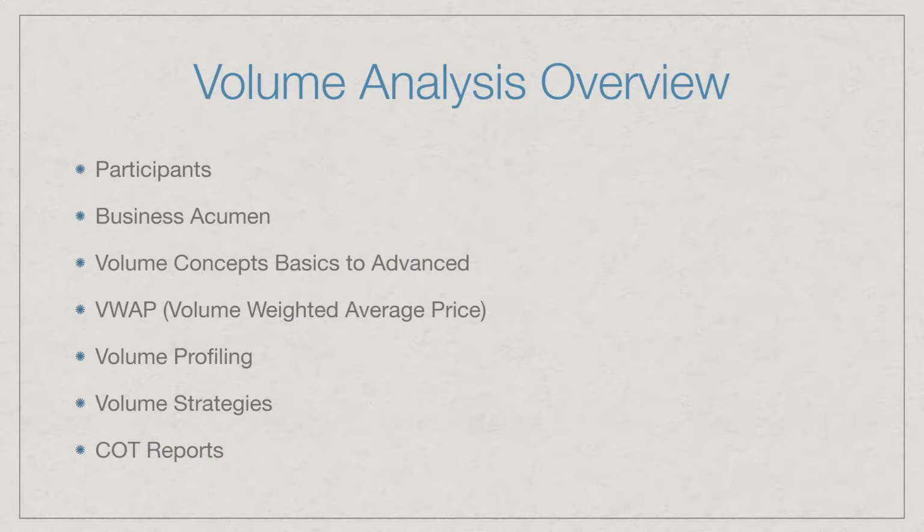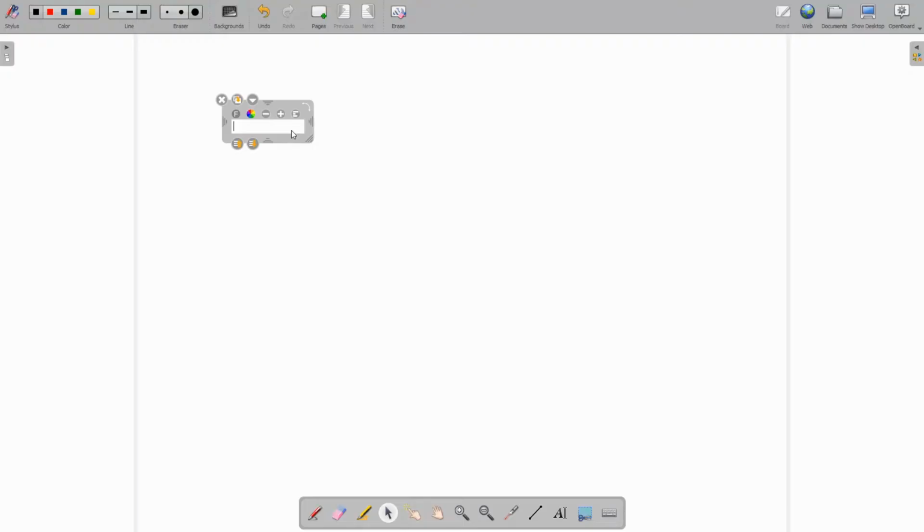So what is volume analysis and why do we use it? Volume is a quantitative measure which tells us how many shares or contracts are in a given market. So let's head over to the whiteboard. If we have 10,000 contracts in oil, and we have 100,000 contracts in gold, looking at this, we have more volume in gold compared to oil.